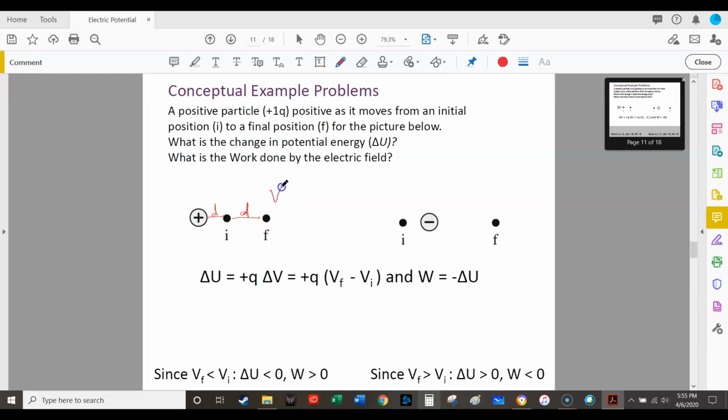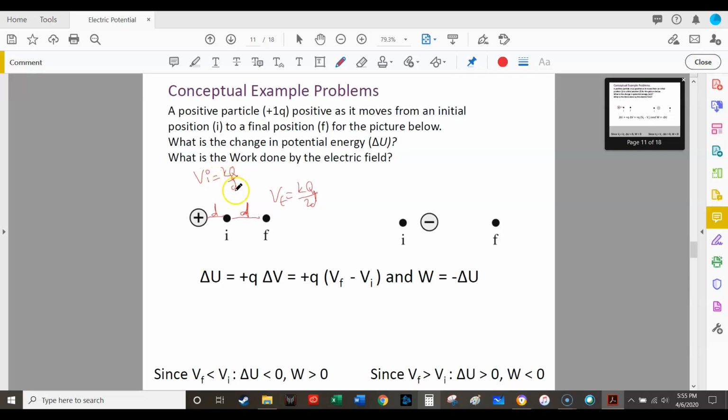So the voltage at F is equal to KQ divided by 2D. And the voltage at I is equal to KQ over 1D.